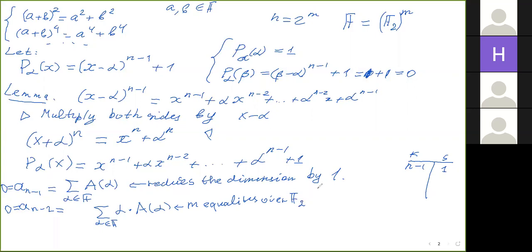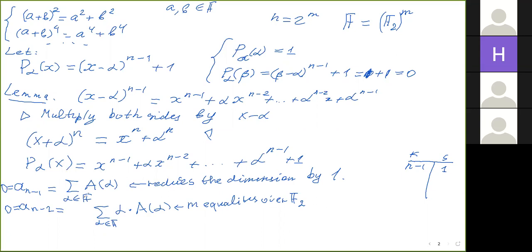And we are interested only in linear equalities over F2 and not over F, because our space is an n-dimensional linear space over F2. And so it reduces the dimension not by 1, but by m.